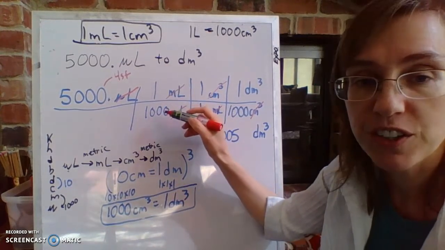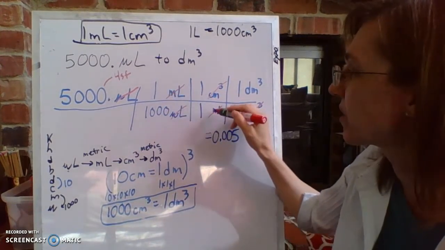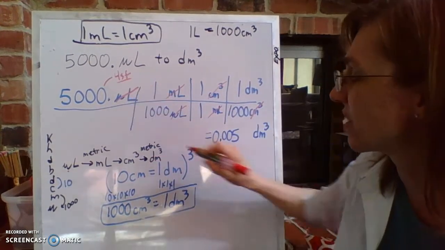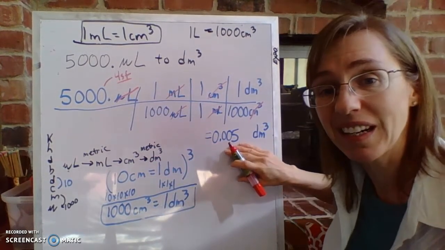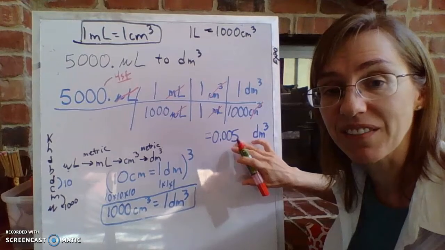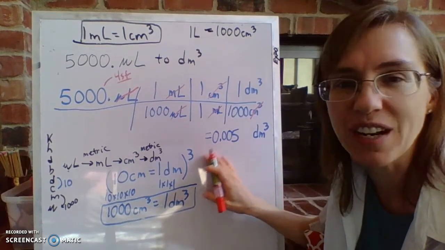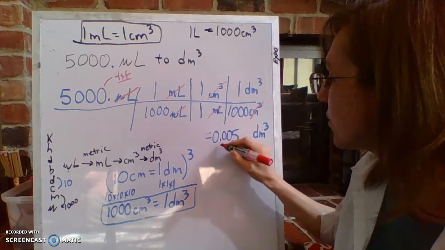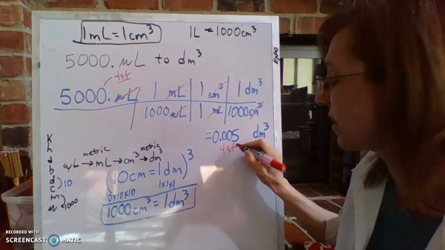This is a metric conversion, so those are exact numbers. Metric conversion, those are exact numbers. So our answer needs to have 4 significant figures. As it's written here, it only has 1 significant figure. Remember, those leading zeros, they don't count. So we have to rewrite this so that it has 4 significant figures.